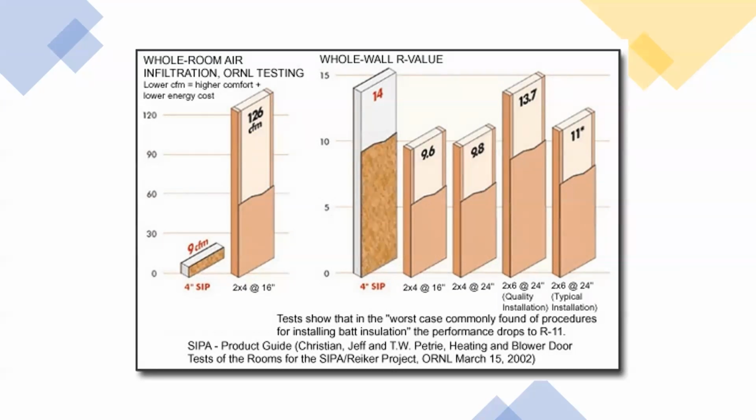And then only a 2x6 wall with 24-inch on center with quality installation, aka grade 1, comes in a close second at R13.7. Anything else, like a typical grade 2 wall in a 2x6 24-inch on center, immediately drops to an R11. And then you've got a 2x4 on 24-inch centers, it's 9.8.